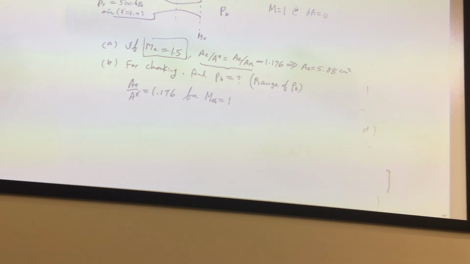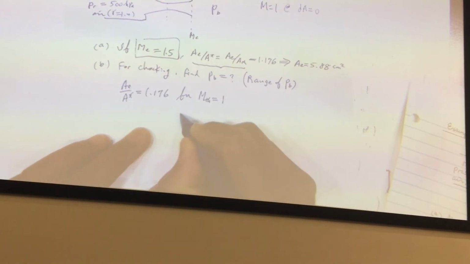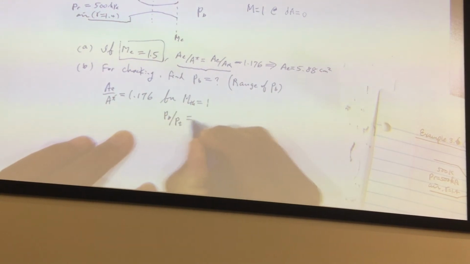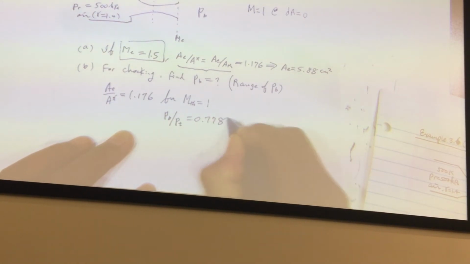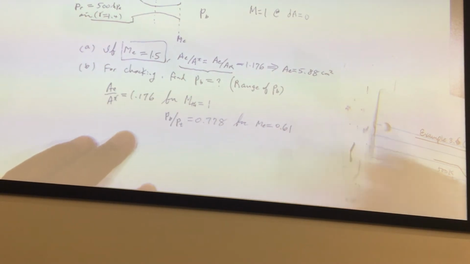So the back pressure, through the table or you can calculate it, is P over PT equal to 0.778 for Me equal to 0.61.